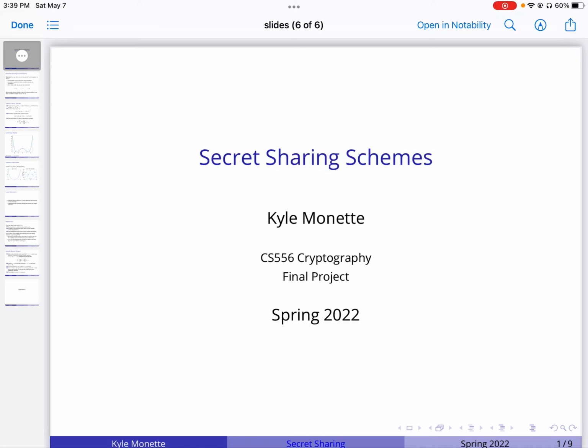Today I'm going to talk about some various secret sharing schemes that I looked at for a recent end of semester project in cryptography. So, secret sharing, in its essence, is a way of keeping a secret safe and secure while distributing information about it in such a way that a certain amount of that information has to be aggregated together in order to recover the secret.